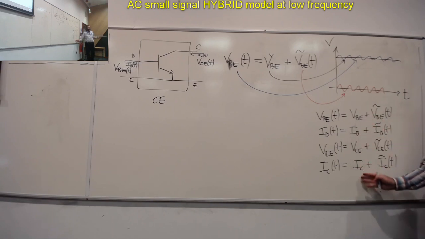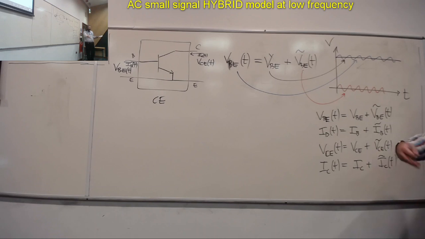What do they define? These four DC quantities define the quiescent point, where my BJT is operating precisely.